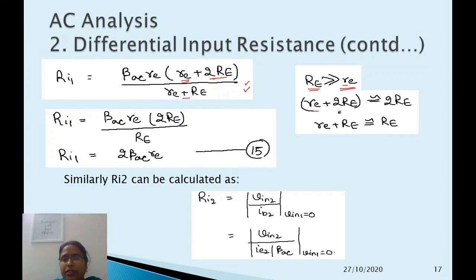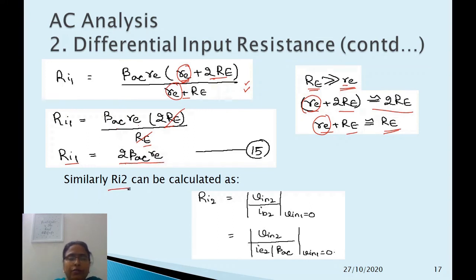So RE plus 2re becomes approximately equal to 2RE, and RE plus re becomes approximately equal to RE, because small re is very small, so it can be ignored. So it becomes beta AC into re into 2RE upon RE. This cancelled out. So Ri1, the equivalent input resistance from the first terminal, becomes equal to 2 times beta AC into re.